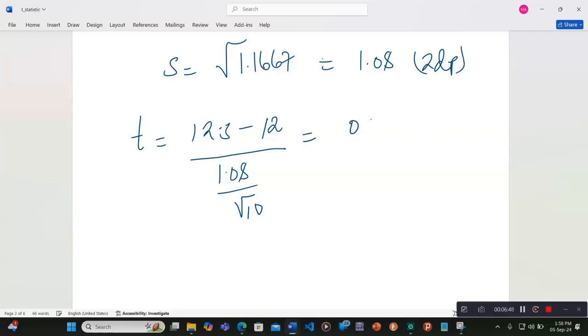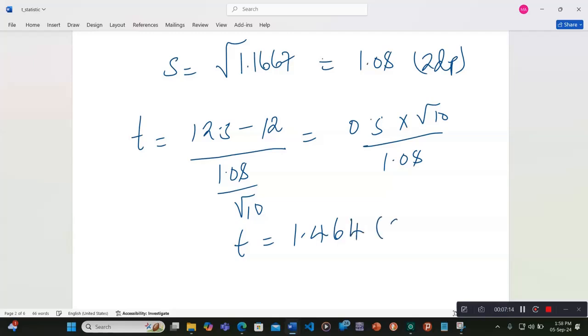So this is 0.5 times the square root of 10 divided by 1.08, and our t value is 1.464, to 3 decimal places.